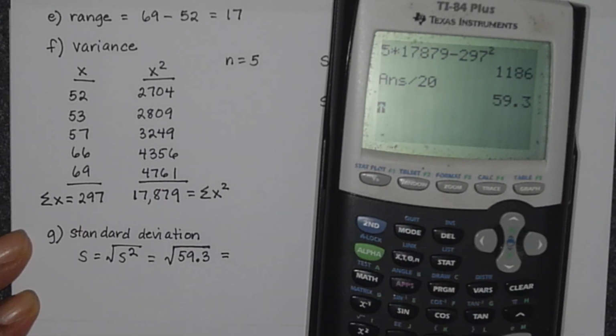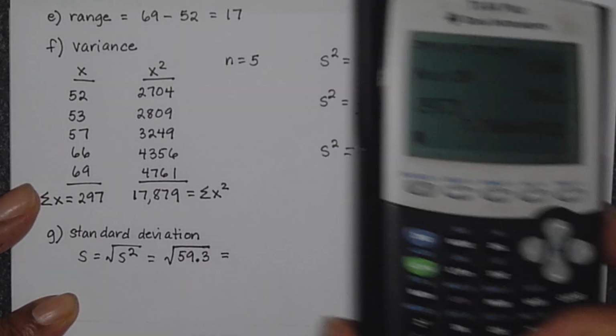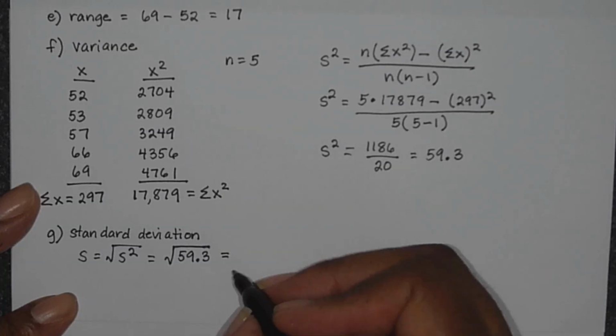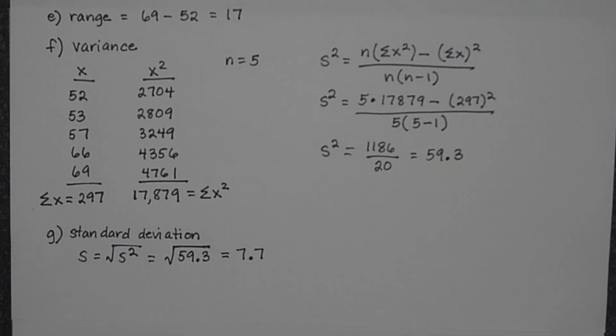So if we take the square root of 59.3, you get 7.7. And you'll round that off to 1 decimal place, because the data set is all whole numbers. So the standard deviation for that would be 7.7.